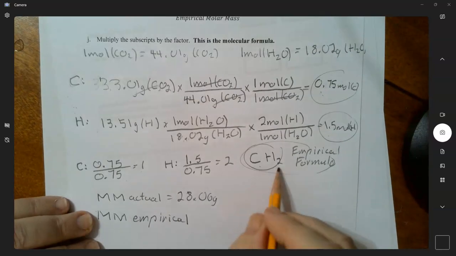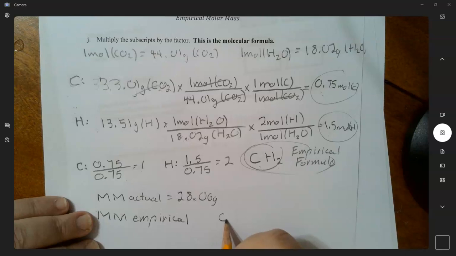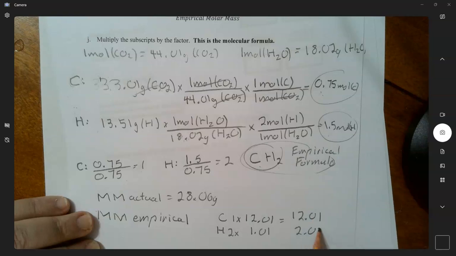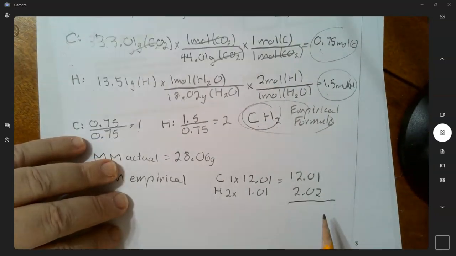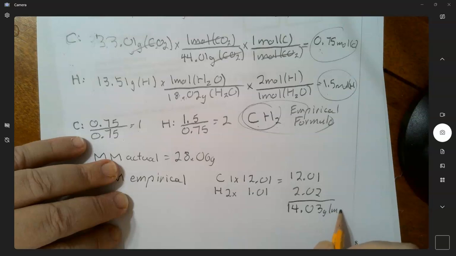So it's CH2, so C is 1 times 12.01. H is 2 times 1.01. When you add those two together, the molar mass of the empirical formula is 14.03 grams per mole.